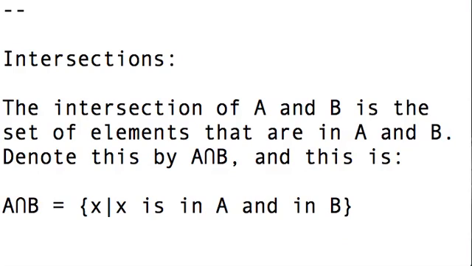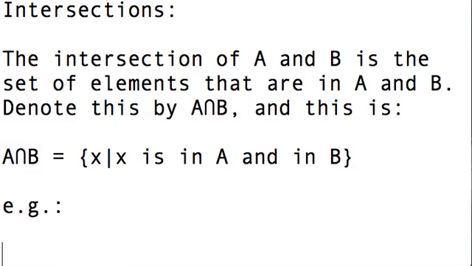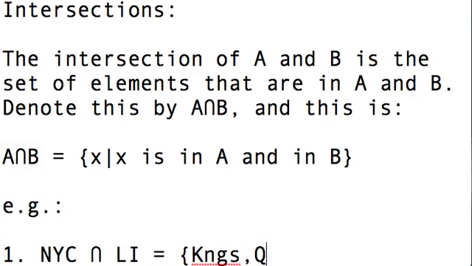Let's do some examples, and I'm going to rehash some of the examples we did before. If I look at New York City intersected with Long Island, I end up with just Kings County and Queens County. Those are the two counties in New York that end up being on Long Island.